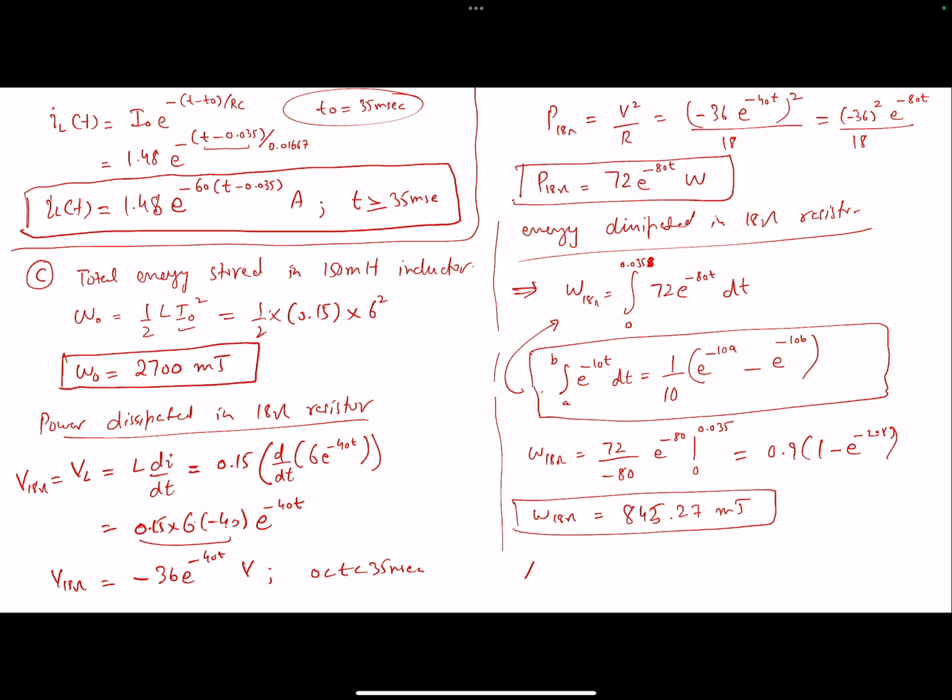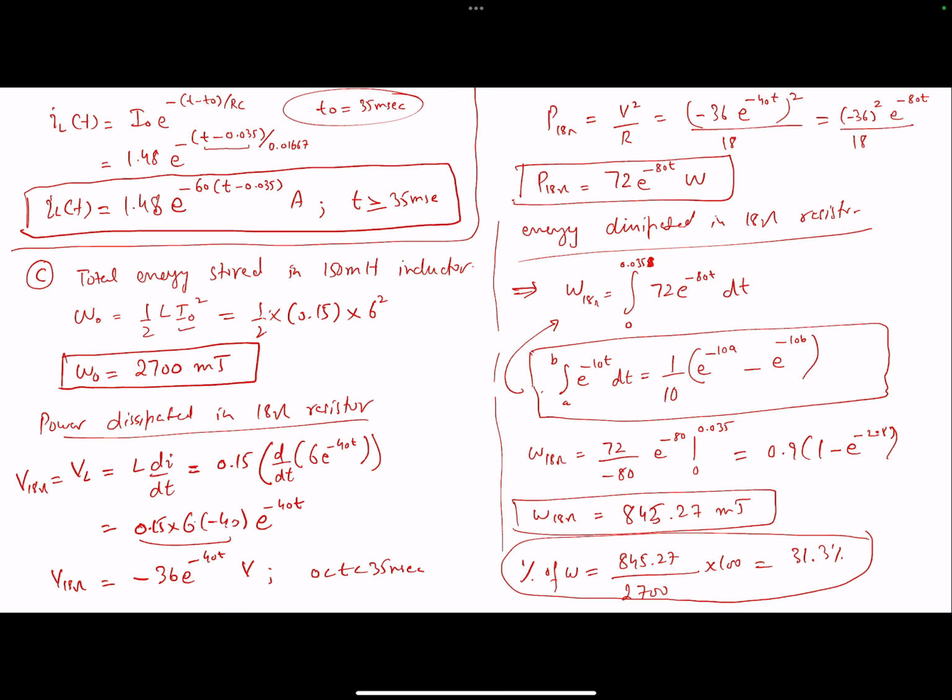So the percentage of energy that gets dissipated comes out to be 845.27 divided by the total energy, 2700, times 100. So it should be 31.31%. The total amount of energy that gets dissipated in the 18 ohms resistor was 31%.